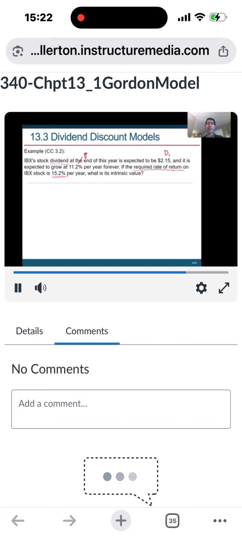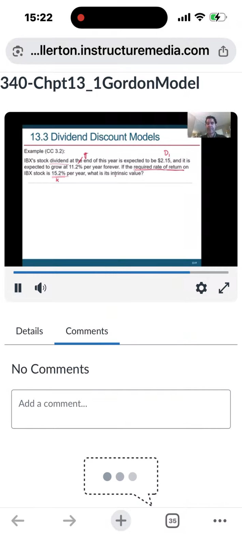And we're assuming that investors look at that stock and say, hey, it should line up with CAPM. So that's the rate of return that they would like to get. So watch for this terminology. If you see something like required rate of return, or investors expect this rate of return, or the market thinks this is a reasonable rate of return, they are telling you K, the market cap rate. Okay, so good. Hopefully we've got that down.